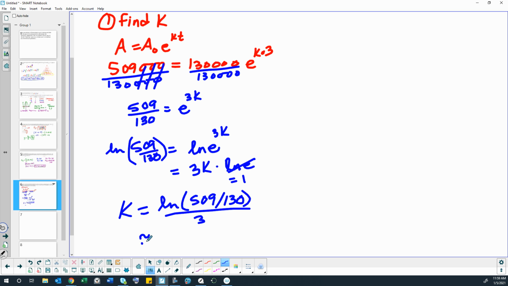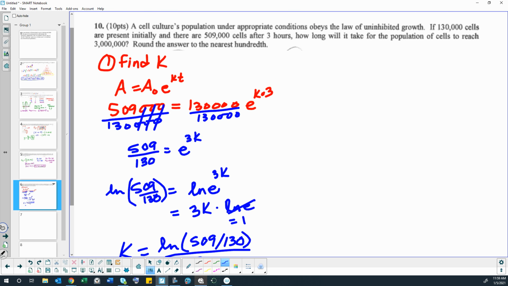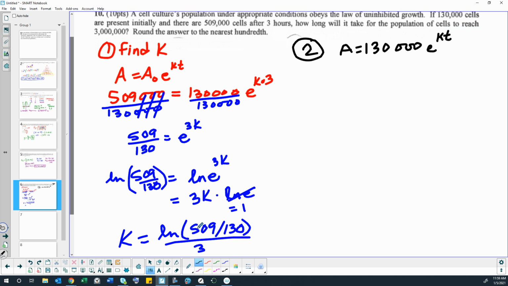We could get an approximate decimal for it and use as many decimal places as you can to make this as accurate as possible, right? So that's the first step. Second step is to use it to solve the problem. So now we take our formula, A equals 130 e to the kt, but instead of k being an unknown variable, k is this thing right here.